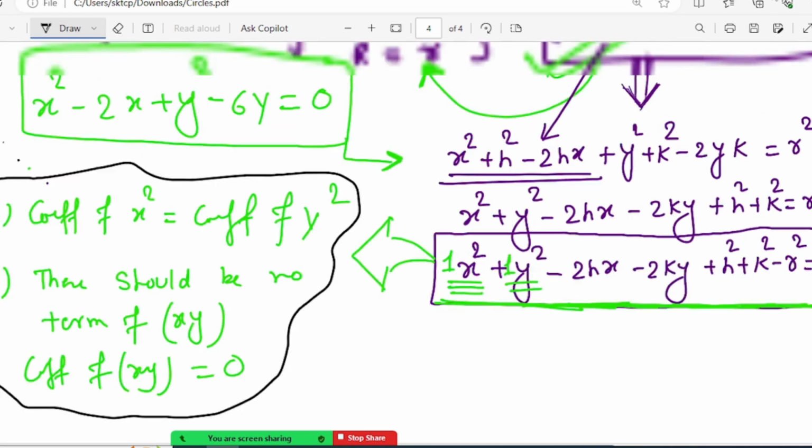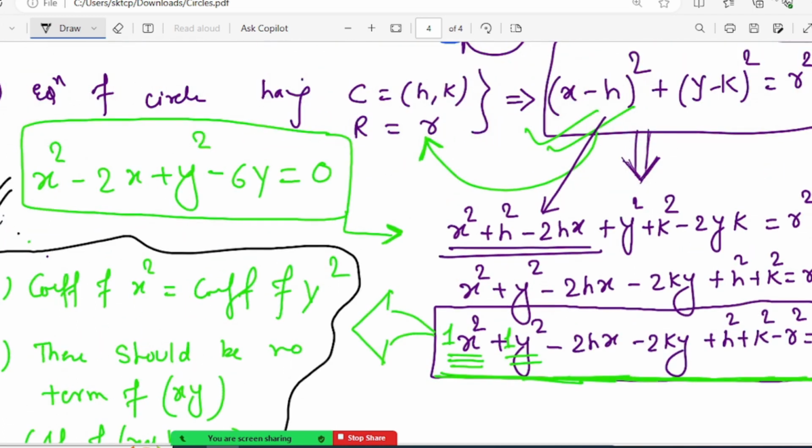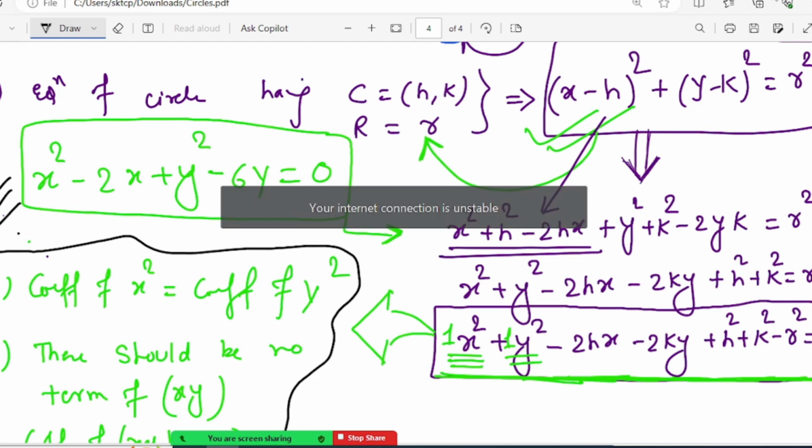Right. Now let us see this equation 3. Can you confirm that it's an equation of a circle now? See, the coefficient of x square and y square is the same. There is no xy term. Right, Rishit? Okay.